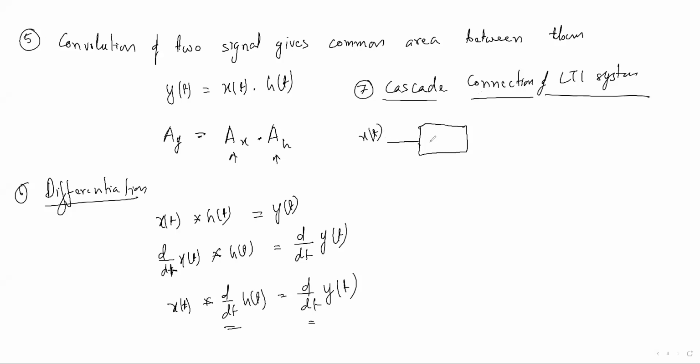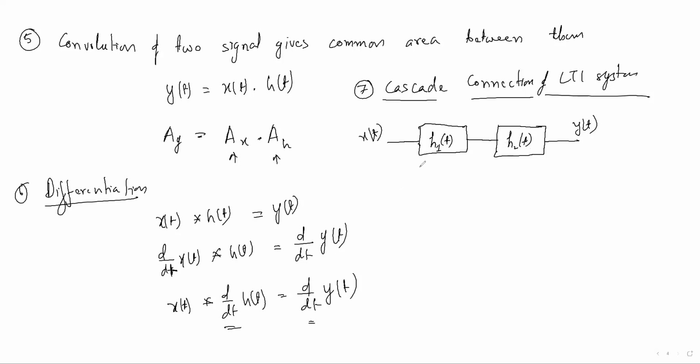If the characteristic of this system is represented by h1(t), the impulse response, and it is fed to another system whose impulse response is h2(t), then what will be the output? This type of connection is called cascade connection.